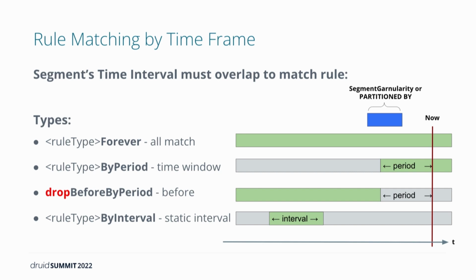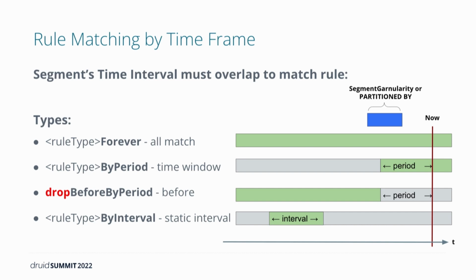By period, you specify a time period, right? You use an ISO representation of time, like P1D for 1 day, P1M for 1 month, P5D for 5 days, and so forth. But that's measured back from now. So you'll have 5 days back from today if you have a P5D period where segments will match.